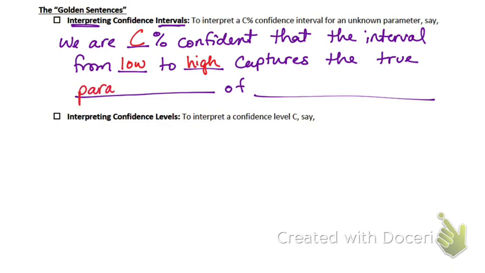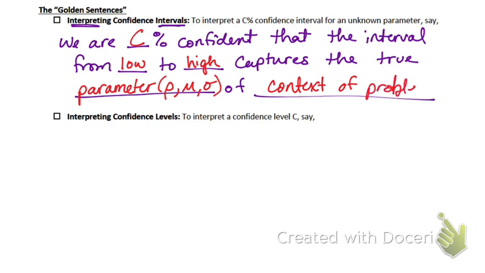It's whatever your parameter is that you are doing in that particular problem. Is it P? Is it mu? Is it something else? And then you're going to insert context of the problem. Are you talking about U.S. adults? Are you talking about teens in McKinney? Are you talking about fish in a pond? Are you talking about horses on a ranch? What are you talking about? That's what goes there. Cool?